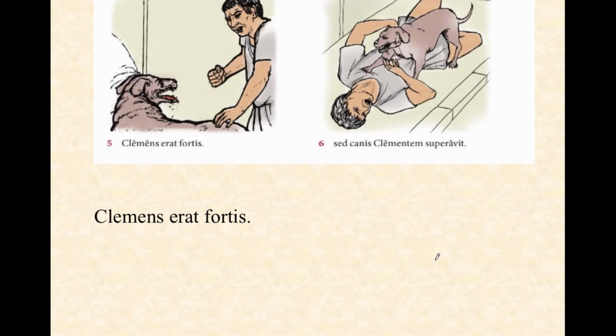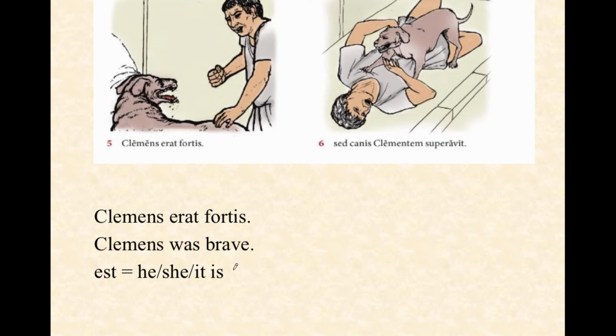Number 5. Clemens erat fortis. Clemens was brave. So est, we may recall, was he, she, or it is. Est is present tense. Erat is new to us. He, she, or it was. Now, erat is actually the imperfect of this verb.